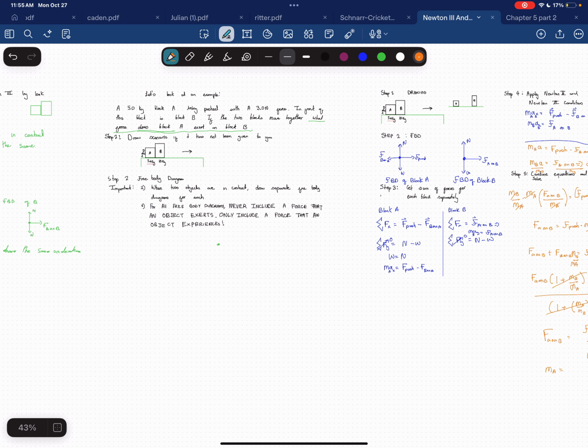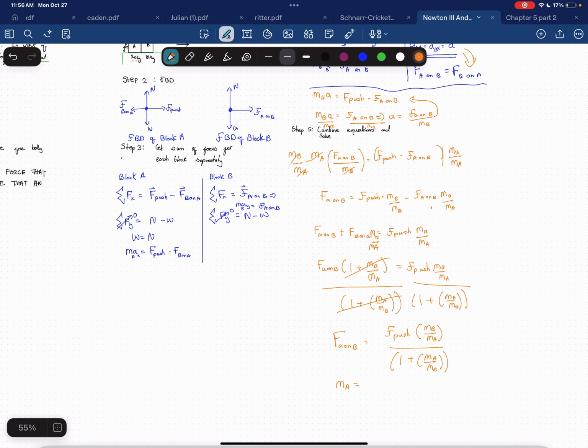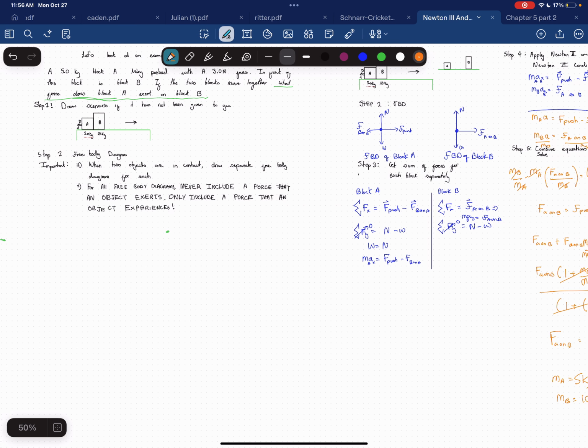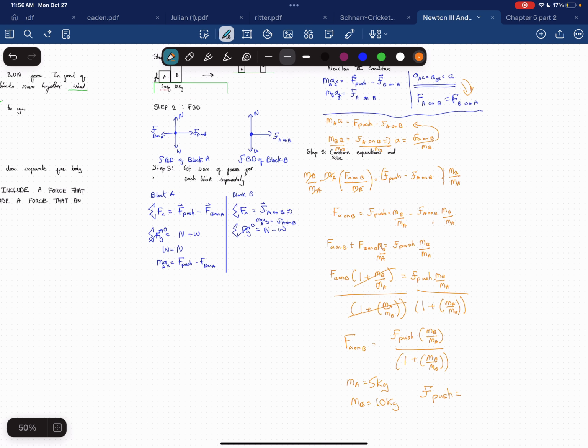It's 5 kgs. m_B is 10 kgs. And what's F push? F push is 3 newtons.